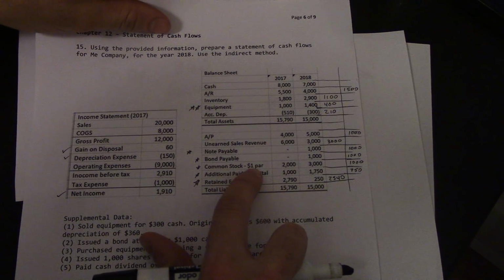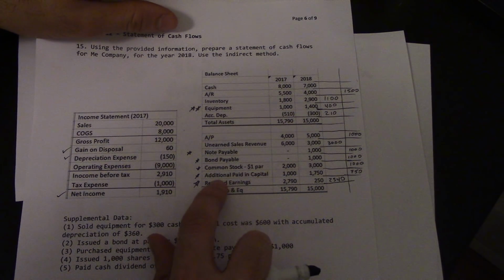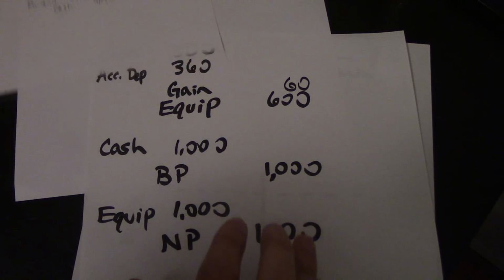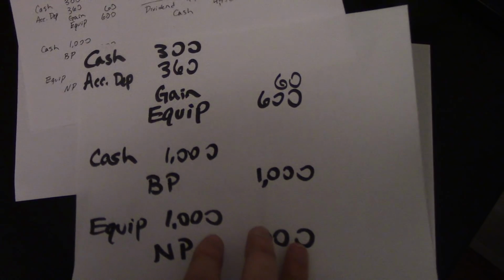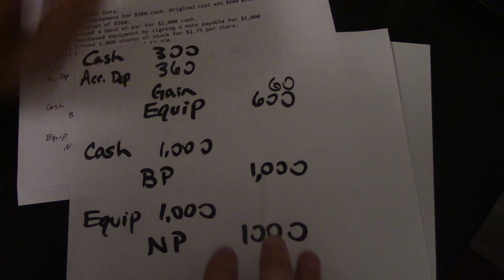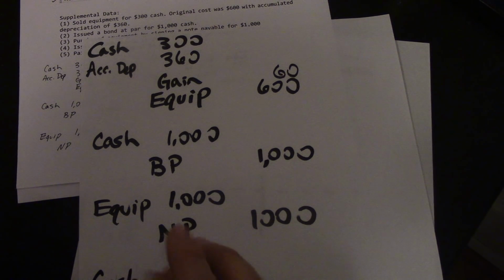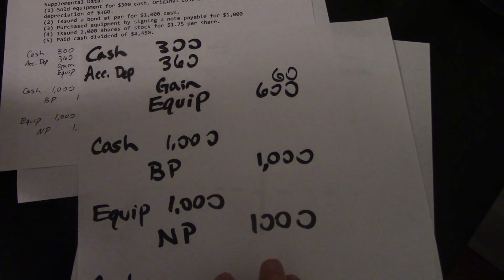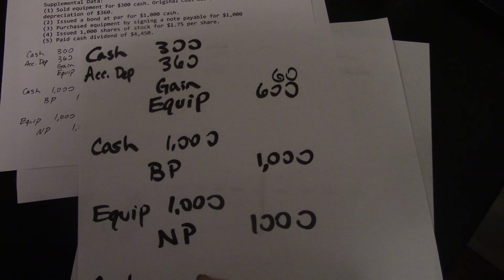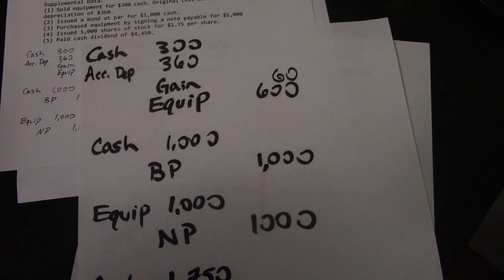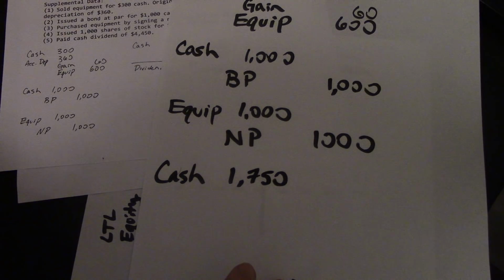Just to point out, we've got common stock with $1 par and some additional paid in capital. So we know that our par is $1. How much cash did we get? Well, if we issued 1,000 shares for $1.75 per share, that means we got $1,750 in cash. It's a debit to cash.